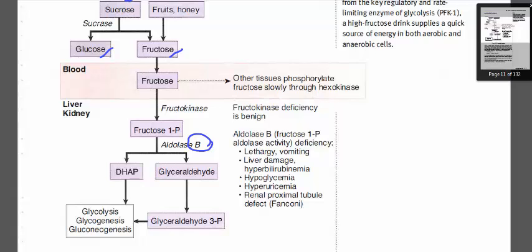This fructose 1-phosphate is cleaved to dihydroxyacetone phosphate and glyceraldehyde. This dihydroxyacetone phosphate then can go to the glycolysis or glycogenesis and gluconeogenesis, we will see. And this glyceraldehyde can be converted to glyceraldehyde 3-phosphate, and then this glyceraldehyde 3-phosphate makes glycolysis. So in effect, either this is galactose or this is fructose, they actually join in glycolysis to make pyruvate.